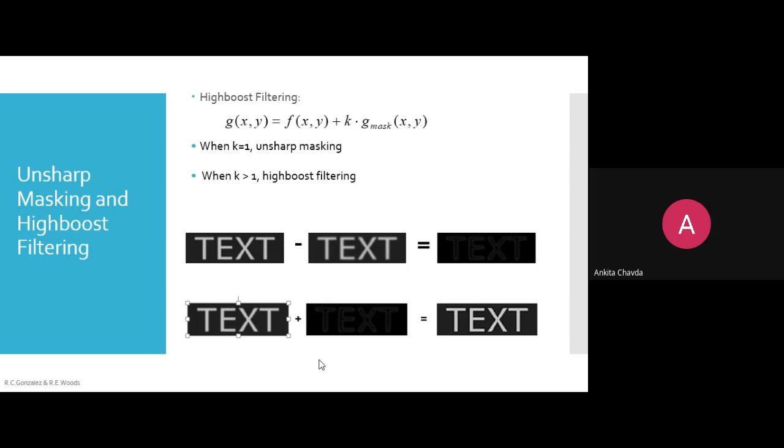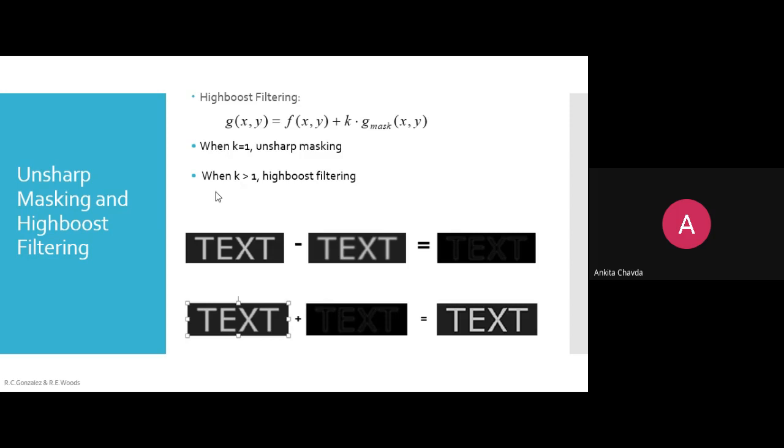So imagine k equals 1. If I keep k equal to 1, then it is known as unsharp masking. But if I increase k, because I want a much sharper image, then it is known as high boost filtering. So this is high boost filtering and unsharp masking.